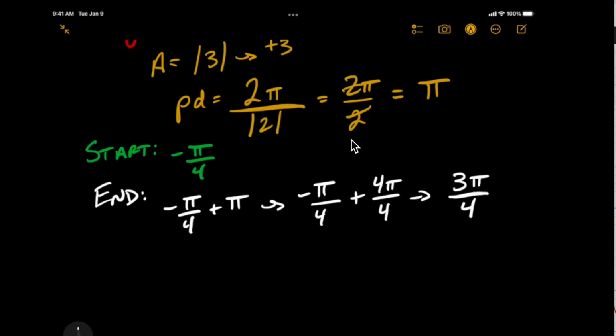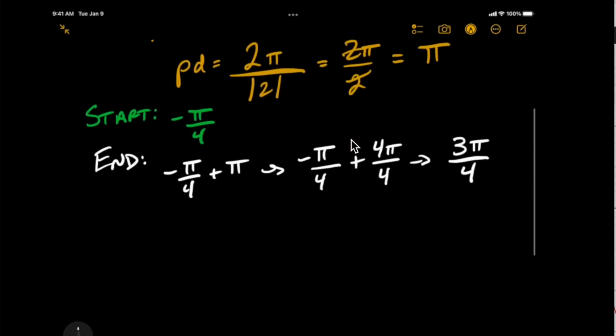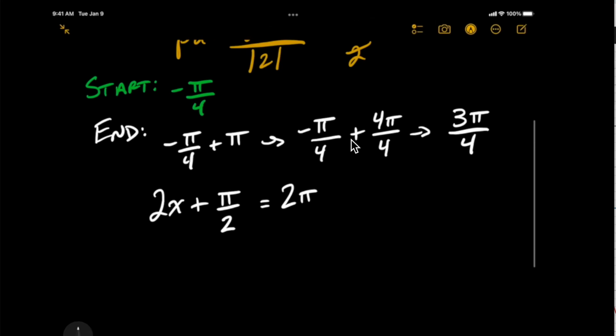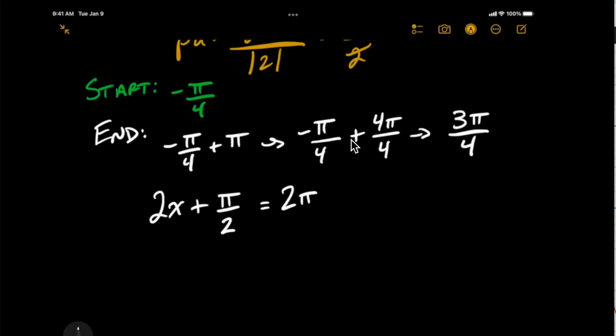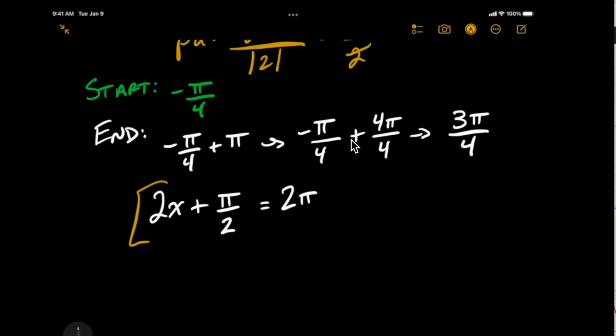Now the other way to do that is to take the original ending point and set that equal to what is in the parentheses. So recall the original ending point of the parent function would be 2 pi. So now we would solve for x. The way I would do this is to blow this up by multiplying everything by what's in the denominator.